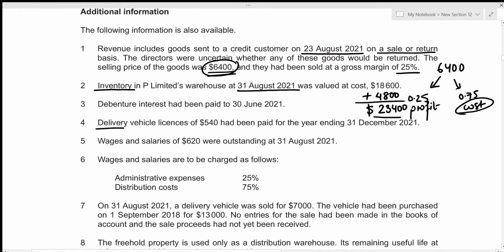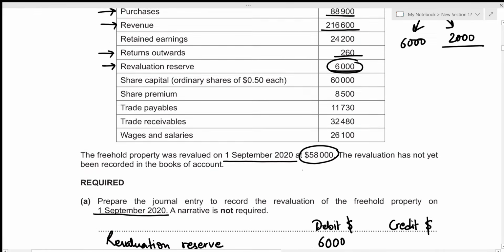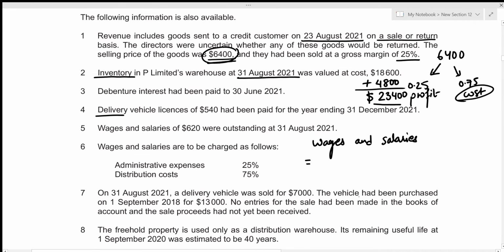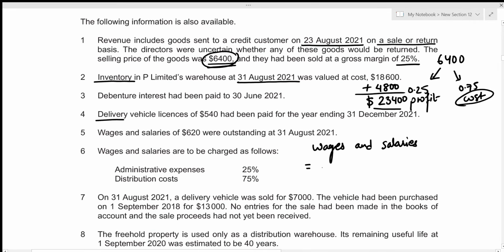So firstly, we need to figure out the total wages and salaries. Let's have a look for the amount from the table above. So wages and salaries are given right here, and this had the value of 26,100. Let's write that down. And we're also told that 620 were outstanding.